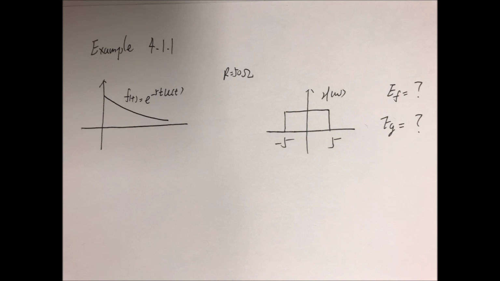So the equations we are going to use are over here. This is for the output signal's energy. We need to calculate the magnitude squared, then the integral gives us the answer.